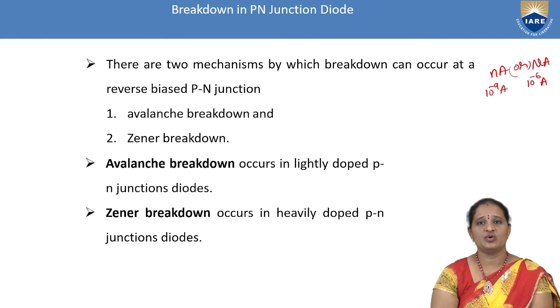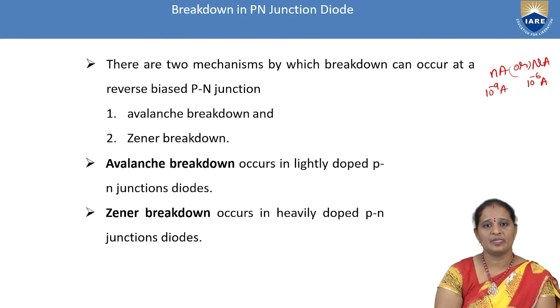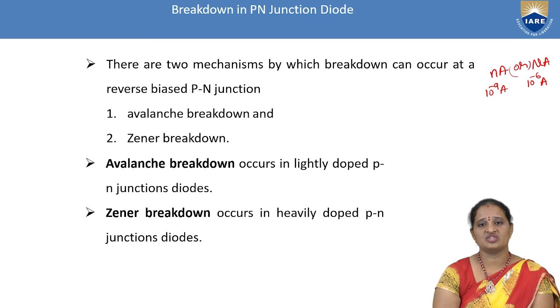So there are two types of breakdown mechanisms in a reverse biased PN junction diode. Those are avalanche breakdown and Zener breakdown. The avalanche breakdown mainly happens in lightly doped PN junction diodes, whereas Zener breakdown occurs in heavily doped PN junction diodes.